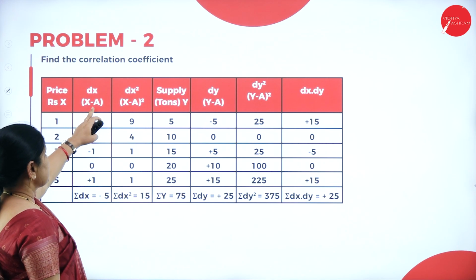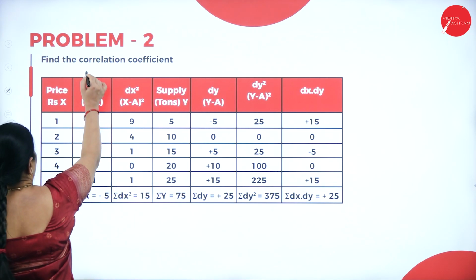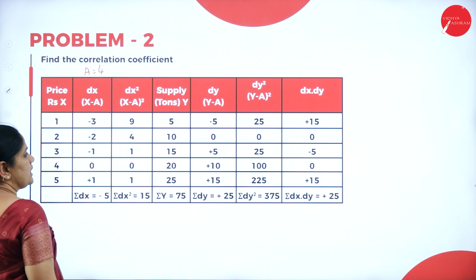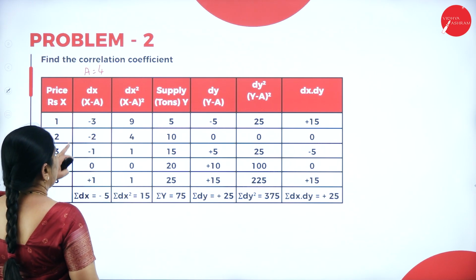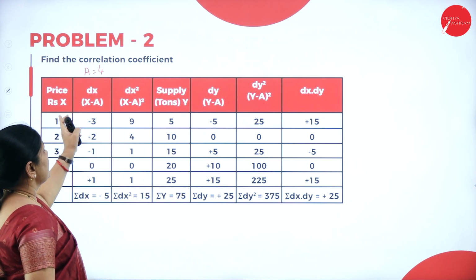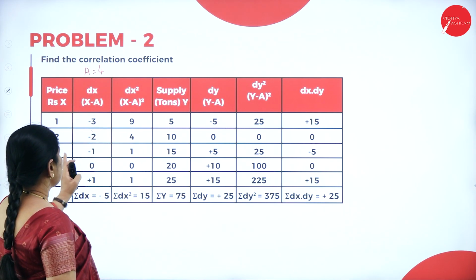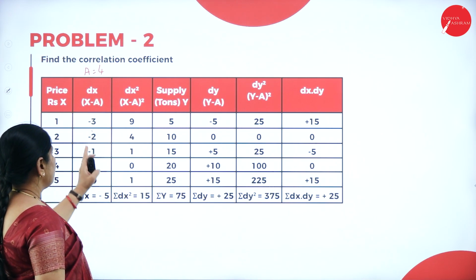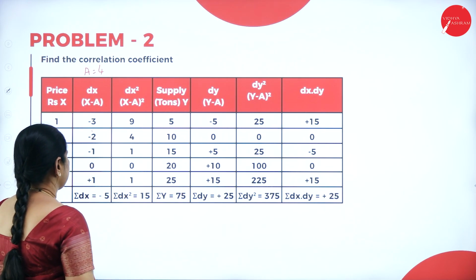Now in the dx column, this is x minus a. Here I have taken a equals 4. 4 is the assumed mean here. So 1 minus 4 is minus 3, 2 minus 4 is minus 2, 3 minus 4 is minus 1, 4 minus 4 is 0, 5 minus 4 is 1.